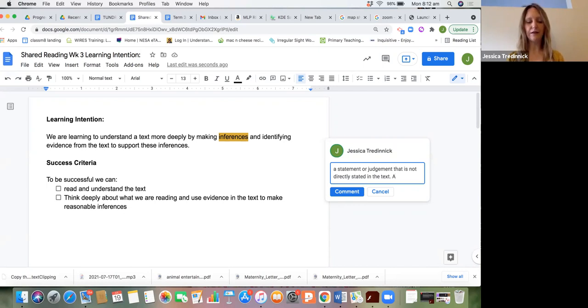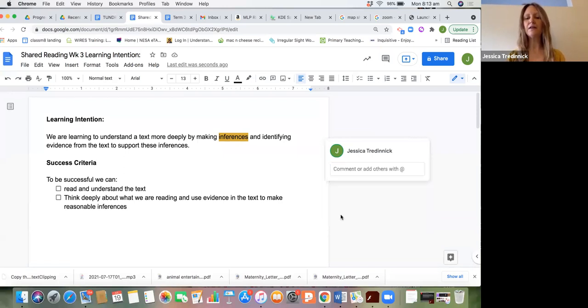So a good reader makes inferences by reading between the lines and using clues from the text, really to work out what the author is trying to say without actually stating it completely.